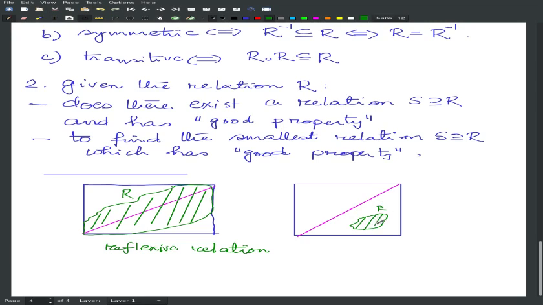Or here is another such picture. Or even their union, if you take the union of these two. Both of them are not reflexive. For R, none of this is true. For S, some xx but not all. So both of them are non-reflexive.